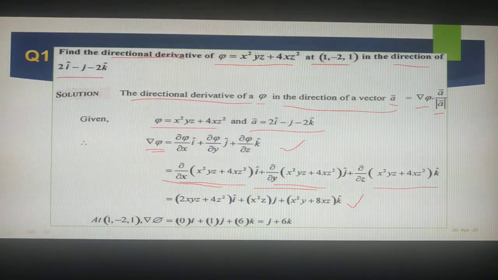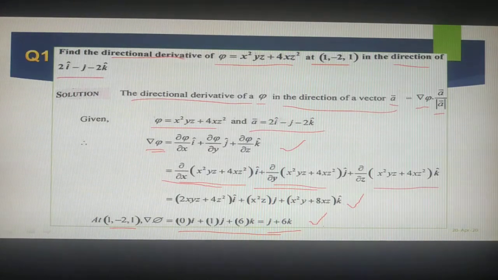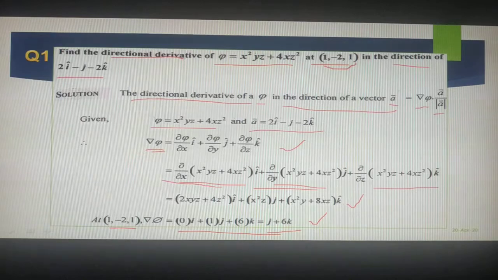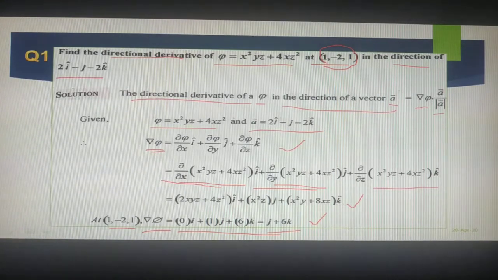To get it at a certain point, we have to substitute that point in this vector point function. So if you substitute at this point, I got this vector j plus 6k. We just find grad phi at this point. This type of problem we did in our last class.